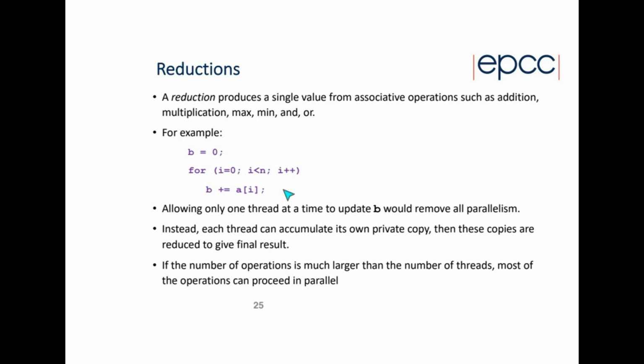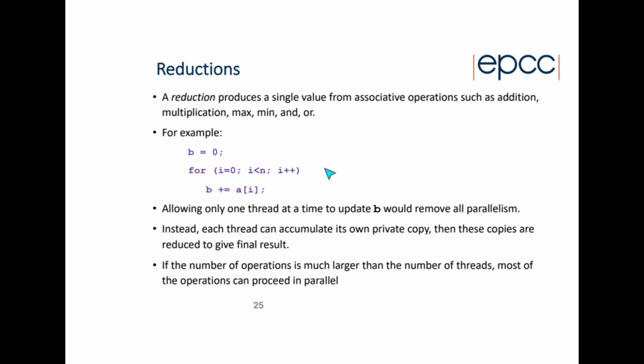So think about a piece of code like this, where we want to add up the values in an array and store the result in a scalar variable b. We start off, set b to 0, and then we just loop over the array and add the values into b. So the question is, how can we effectively exploit parallelism in a case like this?